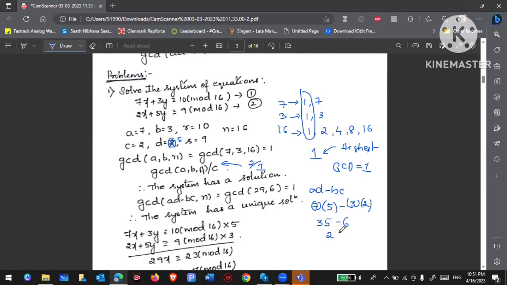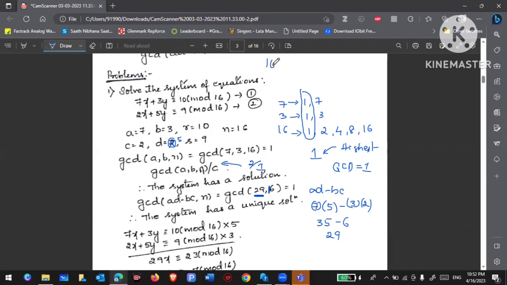How much do we get? 29. That is what we have written here, 29. The n value we have is 16, so make a correction that this must be 16. 29 comma 16, so the GCD of 29 and 16.